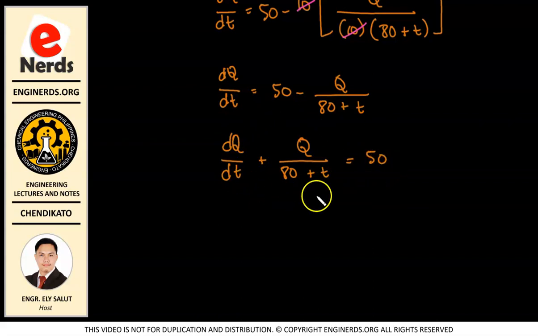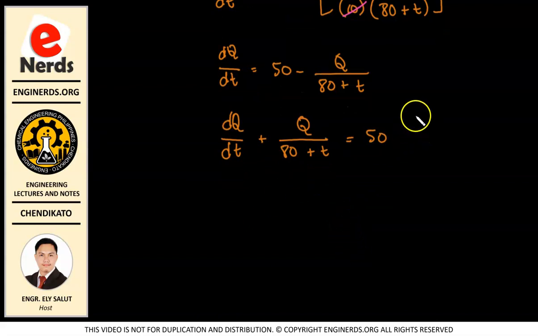Now, what can you notice dito sa ating equation? Dito na papasok yung pinag-aralan natin in our previous video about linear differential equation of the first order, because this is the general equation of linear differential equation of the first order.